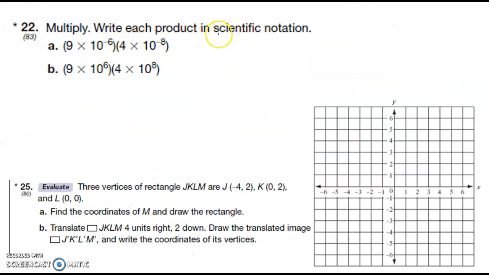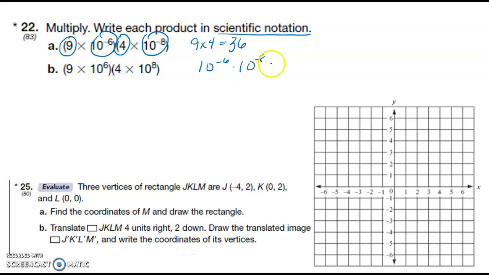Okay, multiply each product and write it in scientific notation. We got this. So we multiply our first numbers. That's 36. And then we multiply our second numbers, which is 10 to the negative 6 times 10 to the 8, so we add our exponents.